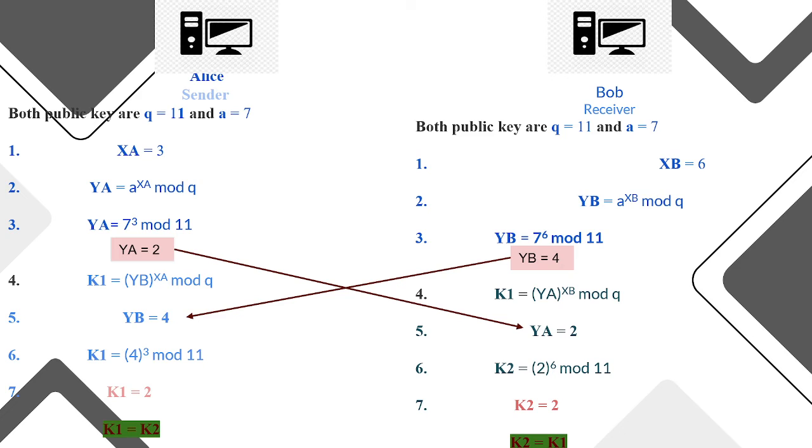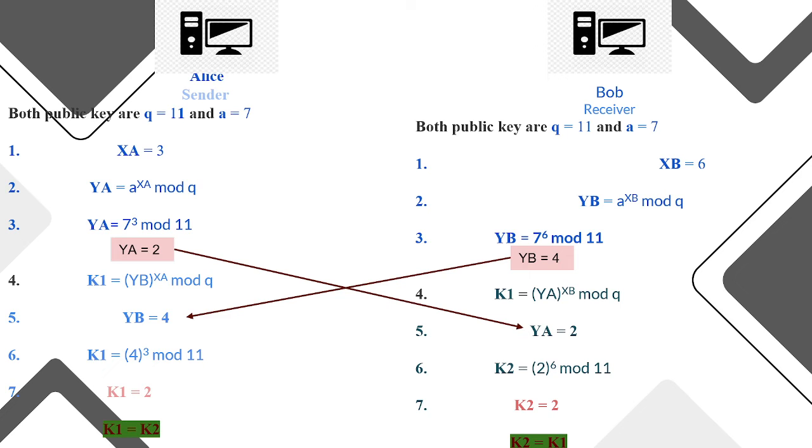Then Alice sends YA equals 2 to Bob. Now we go to Bob, who is the receiver. He takes another large number, XB equals 6.